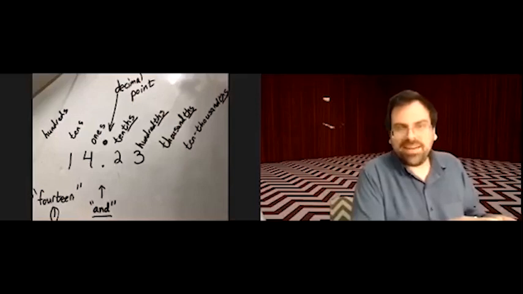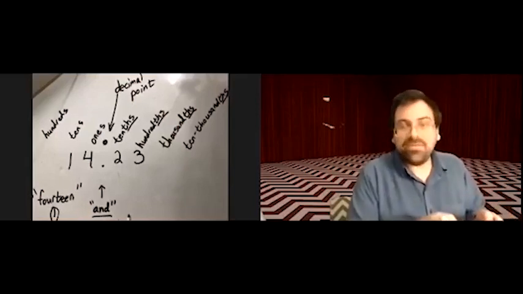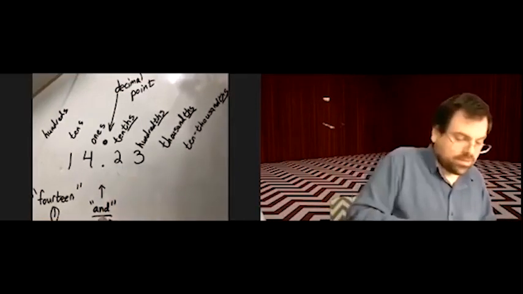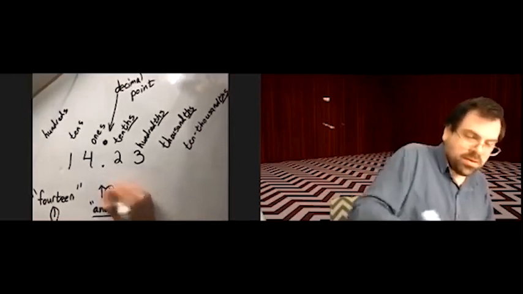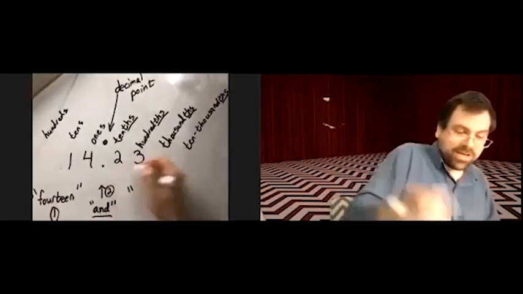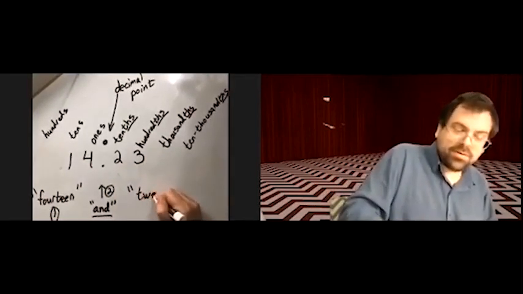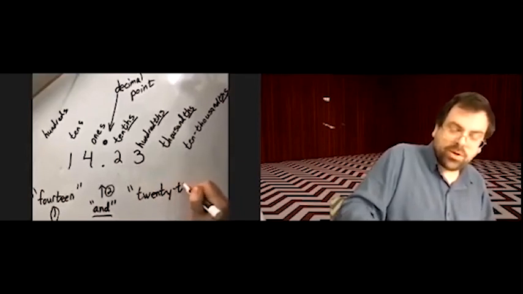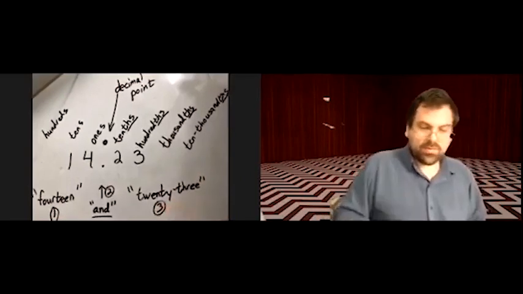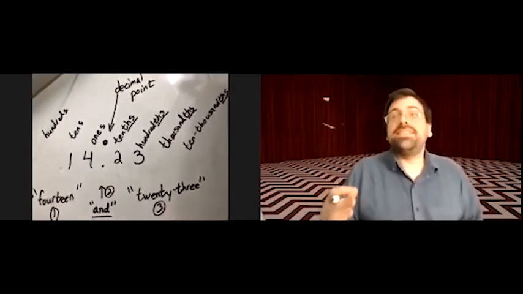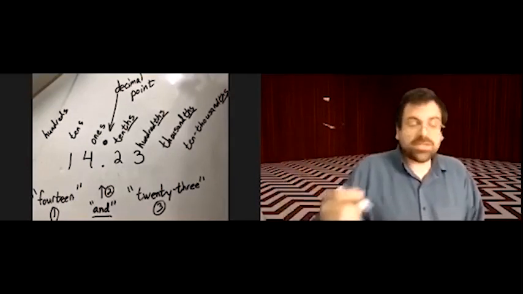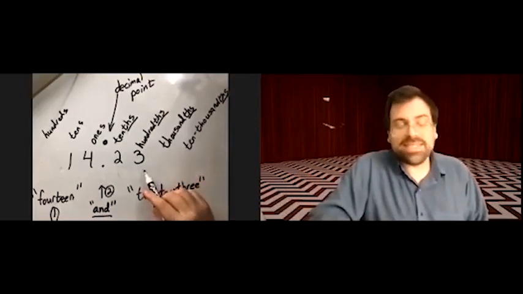After we say the number to the left of the point and we say and for the point, then we say the number to the right of the decimal point, 23. And then the last step in saying a decimal number properly is looking and seeing where the place value ends.